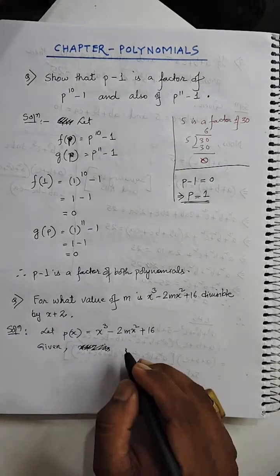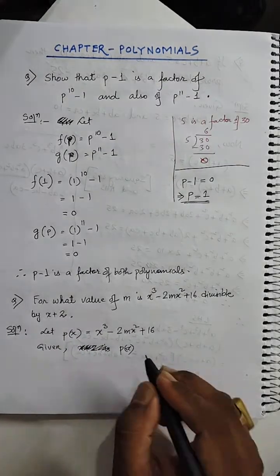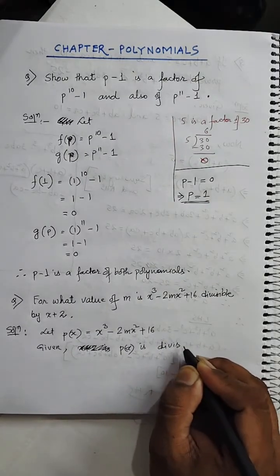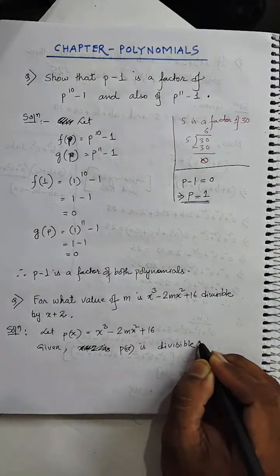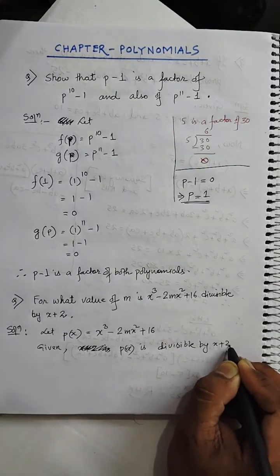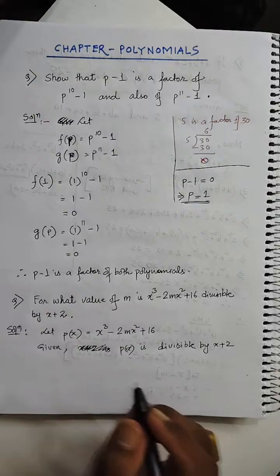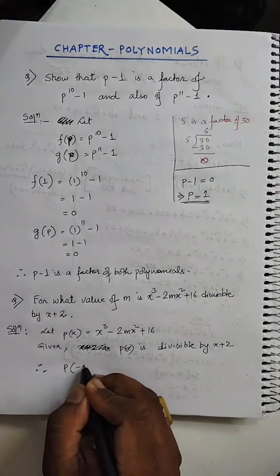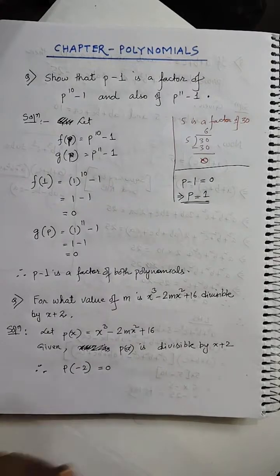Given p(x) is divisible by x plus 2. Let me rewrite this. So that means we can say that p(-2) is equal to 0.